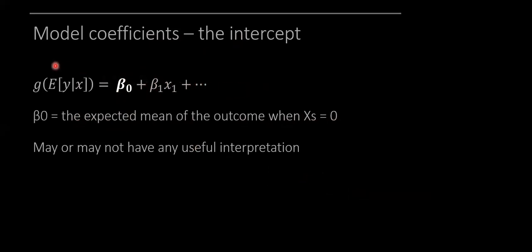Then the conditional mean of the outcome just equals our beta naught. So beta naught is chosen by the model as the expected mean of the outcome when all the other x's are 0. And as I say, that may or may not have any useful interpretation depending on how we've set up the model.